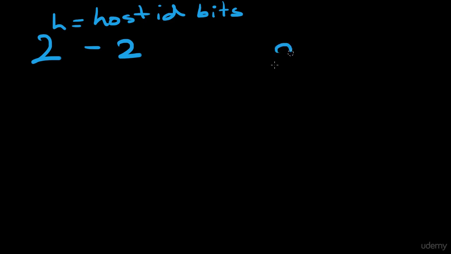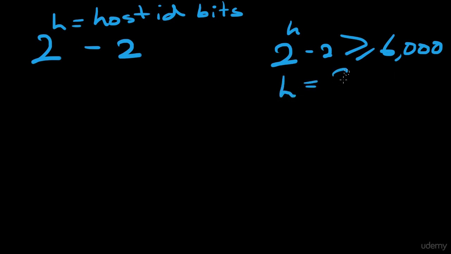So the formula I'm trying to solve here, if I were to turn this into an algebra equation, is 2 to the power of h minus 2 has to be greater than or equal to 6,000. What is h? We're trying to solve for h. I'll solve for h by simply working out different combinations of h. Let's start off by trying h is 10.